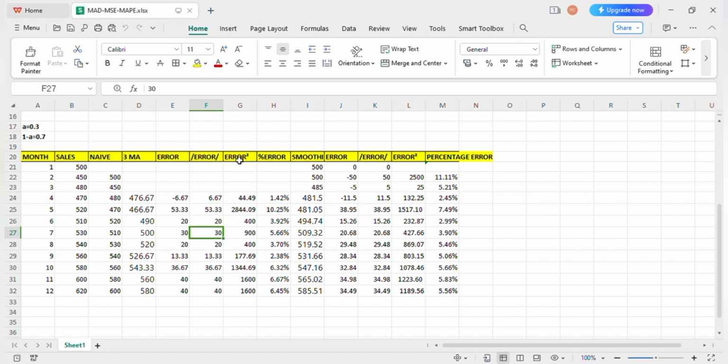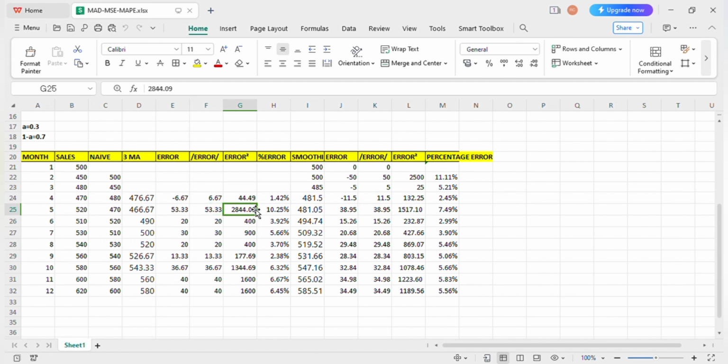From this result, let's move on to the error squared. As we can see, for the error squared we use the absolute error and multiply it by itself. 6.67 squared is equal to 44.49, and 53.33 times 53.33 is equal to 2844.09.